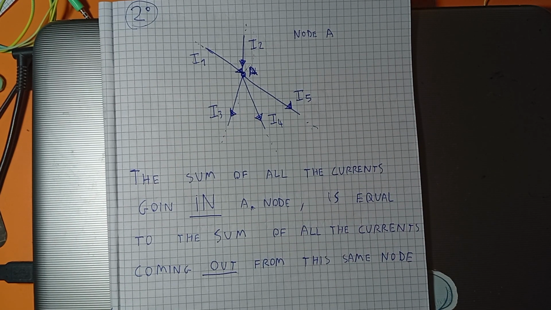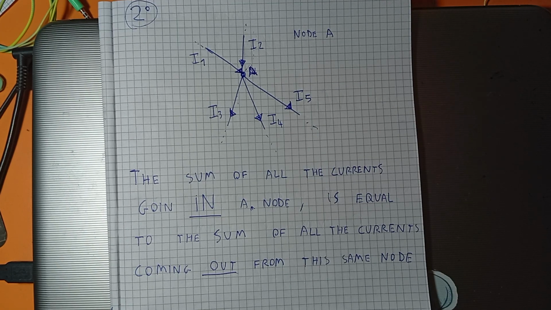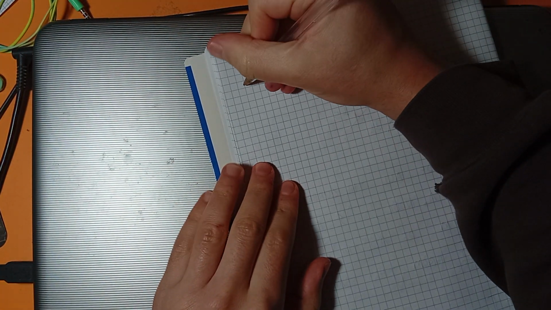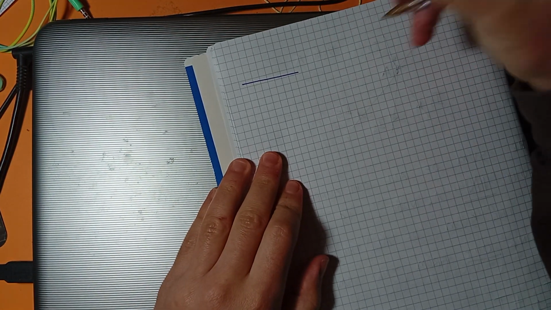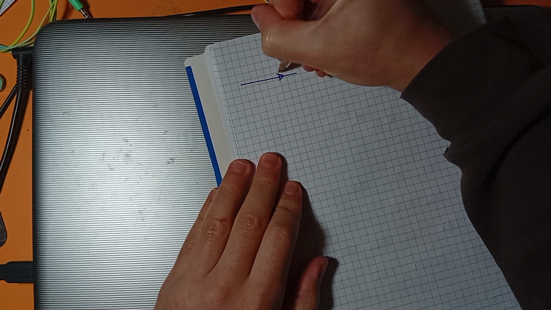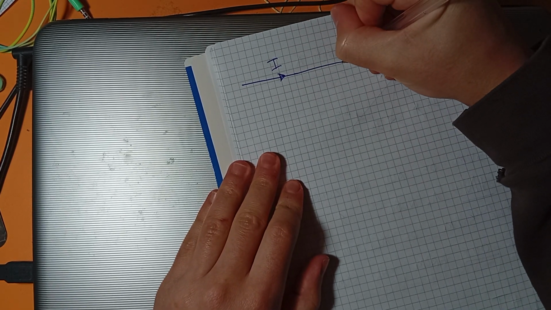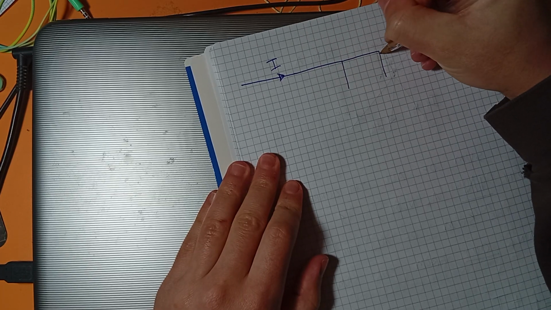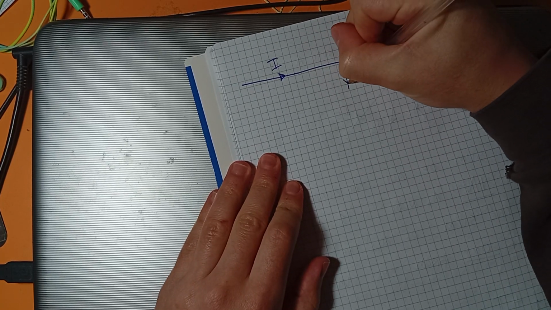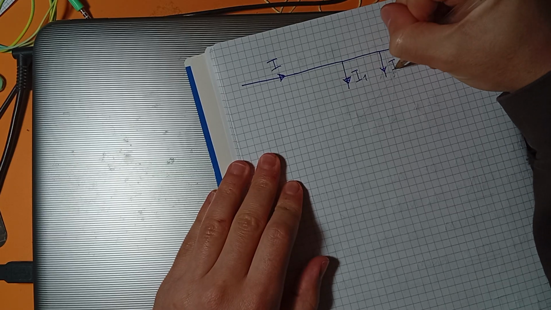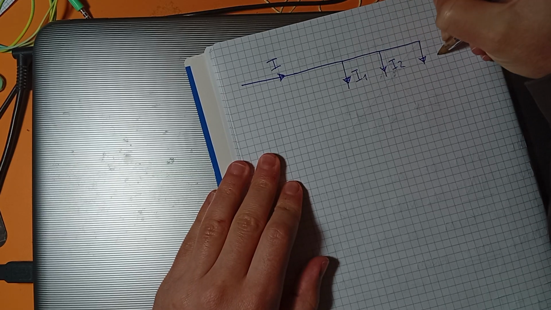We could also explain it in a different way, and I'll make you this very short example, and then for this video that is enough. So let's imagine the opposite situation. I have one single current, I, and the single current will divide into three currents, I1, I2, and I3.